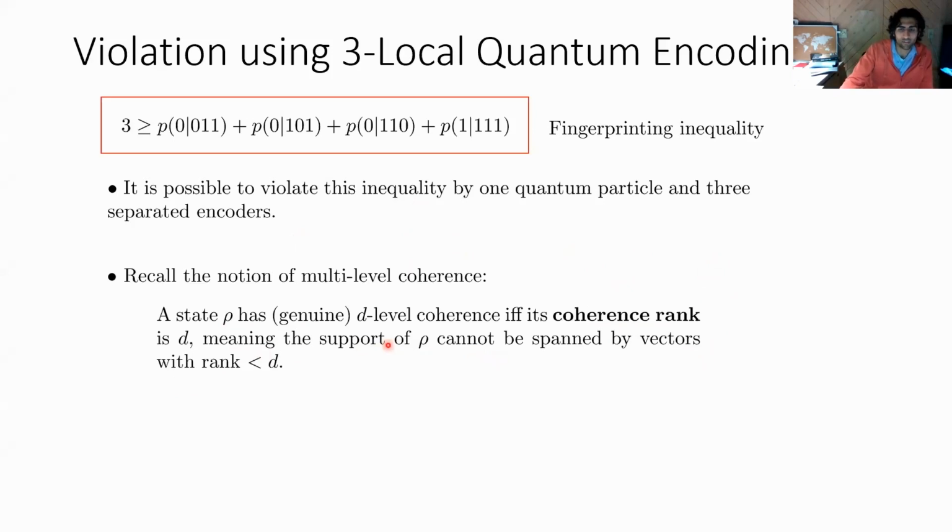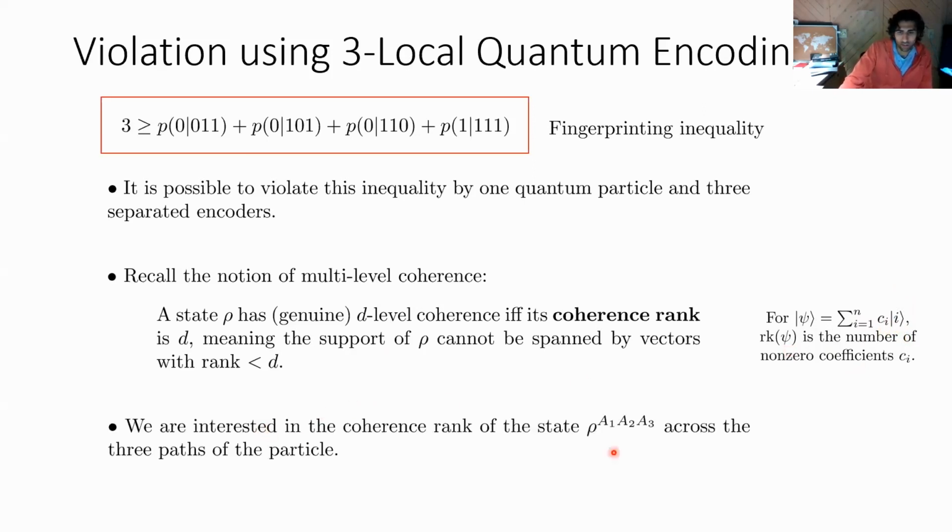So you have d-level genuine coherence if you can't represent the density matrix as a convex combination of pure states with coherence rank less than d. And the coherence rank of a state is just the number of non-zero terms when you write it out in your incoherent basis. So here the i would be the paths, right? We were thinking about n different paths we can send our particle. And so we're interested in the number of non-zero terms in our superposition here, and that's defining the rank of psi.